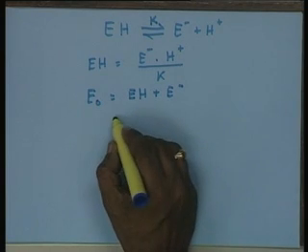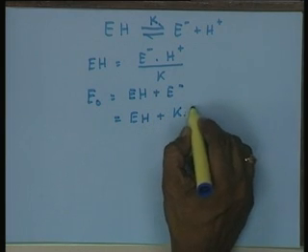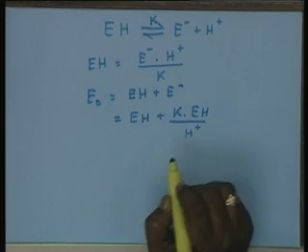Therefore, this will be EH plus K into EH upon H plus.